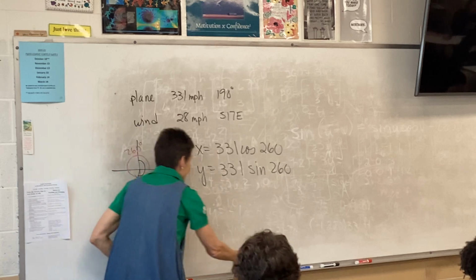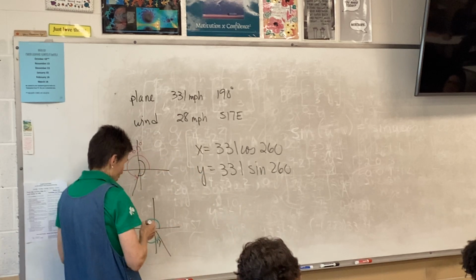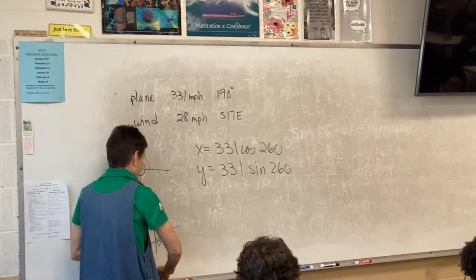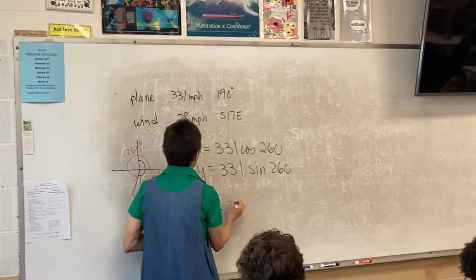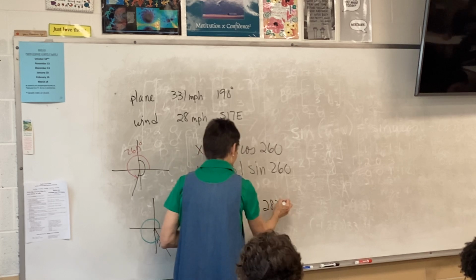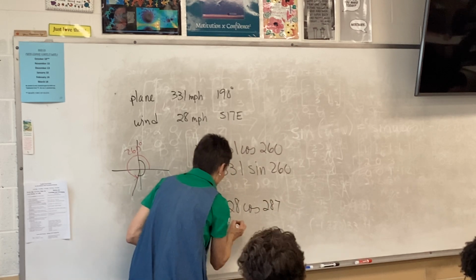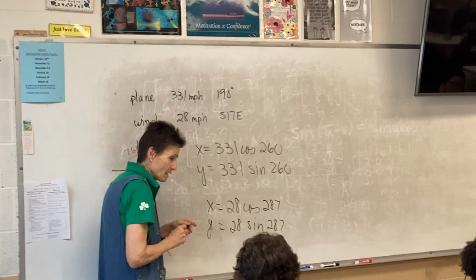So what would its angle be in standard position? 287. So this is the plane, here is the wind, 28 cosine 287 and 28 sine 287.